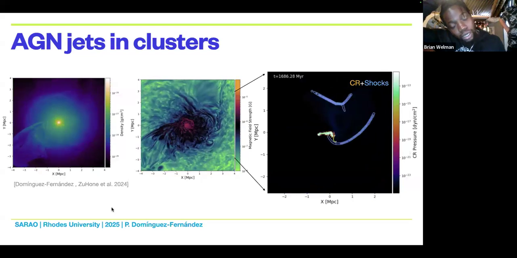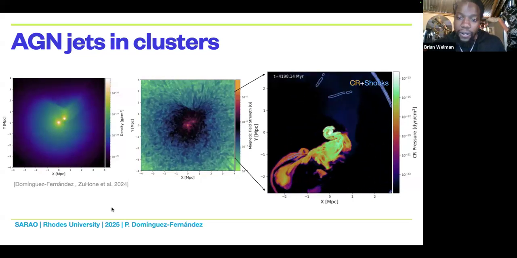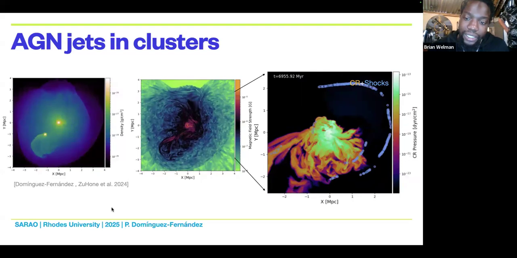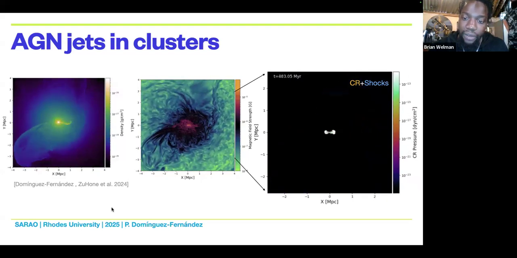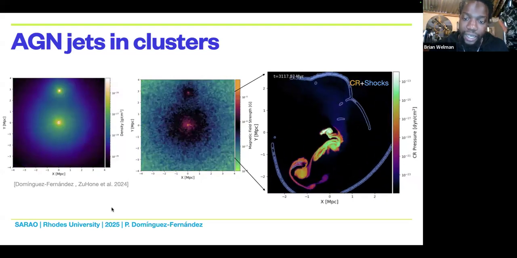My question is about exactly here. I understood that in this simulation we have an AGN in the center of the cluster.